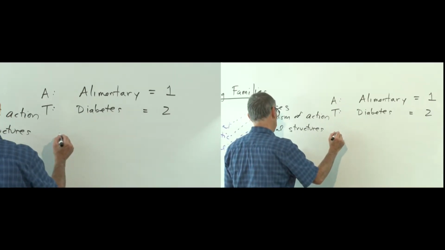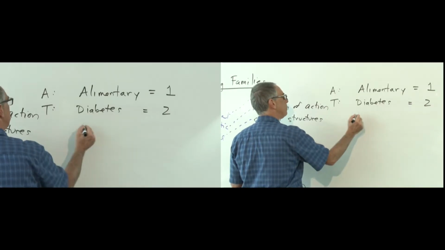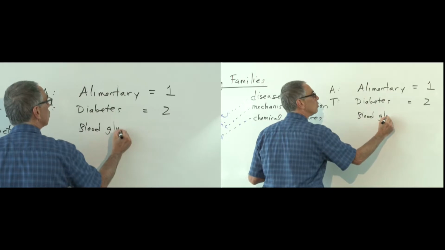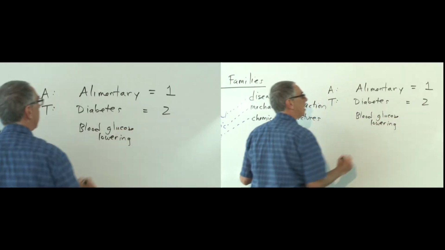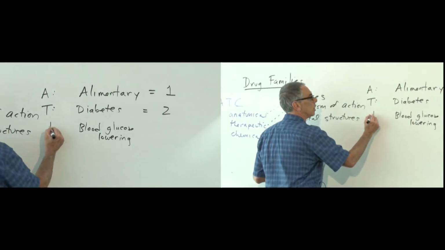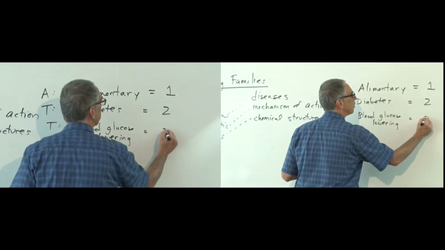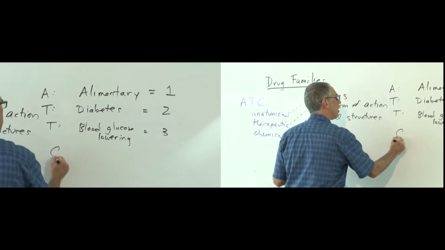Then we can go to a more detailed therapeutic level, which might be blood glucose control, blood glucose lowering. That actually is also a mechanism of action, so it's also a T category, but it's more specific than diabetes. This would be the third level. Now you can talk about chemical structures.